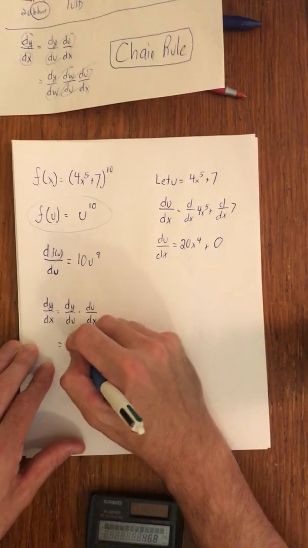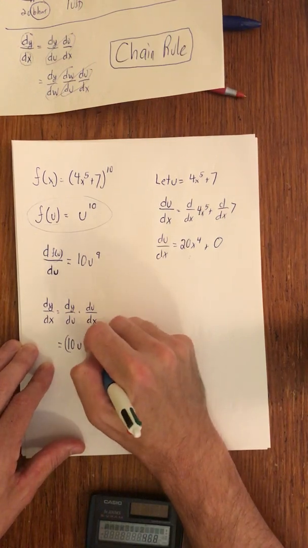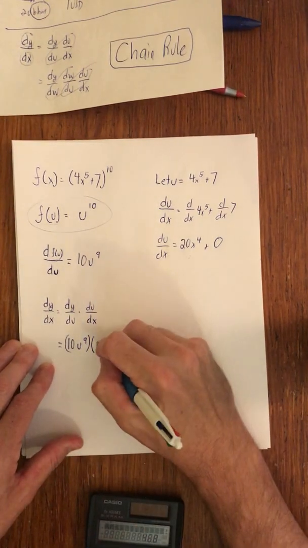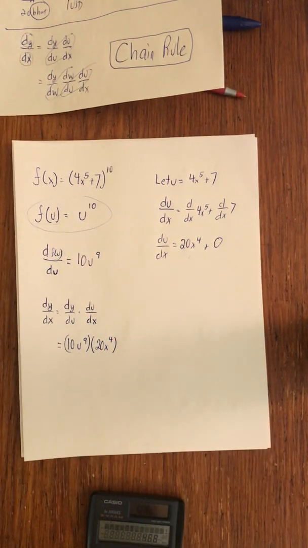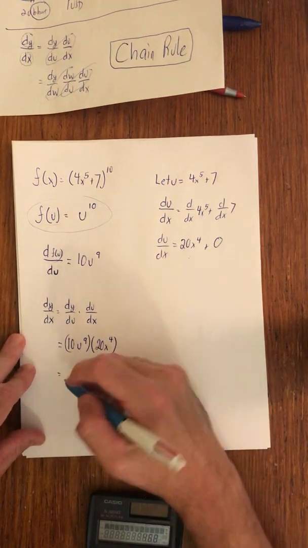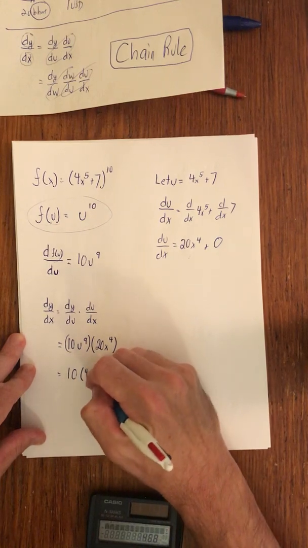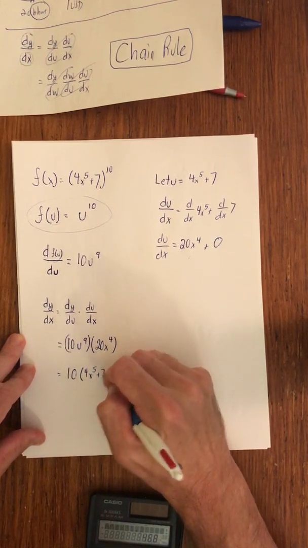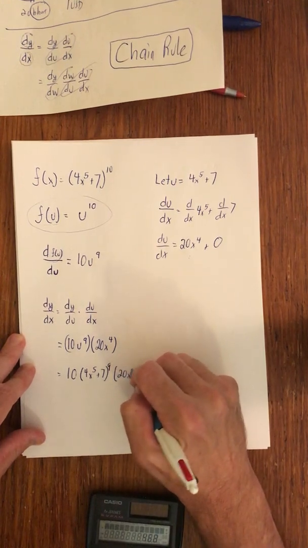And so this becomes 10u to the 9th times 20x to the 4th. Now I'm not done there because I want how y changes with respect to x, and I have this u thing in here, so I'm just going to pull that back and do the resubstitution. Okay, to the 9th times 20x to the 4th.